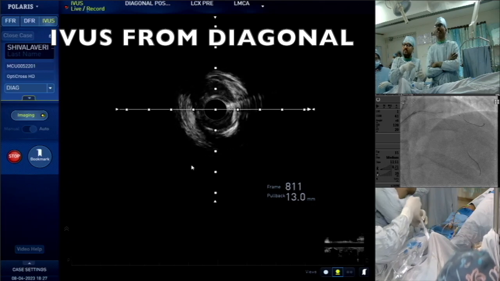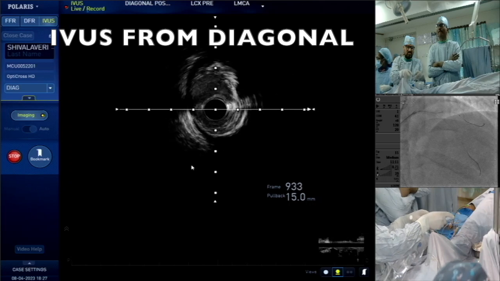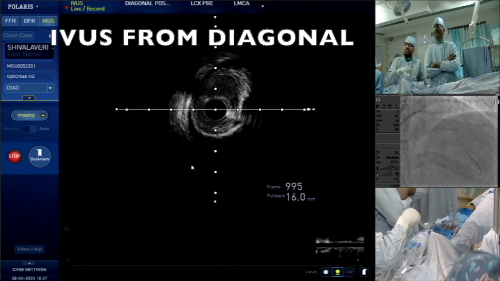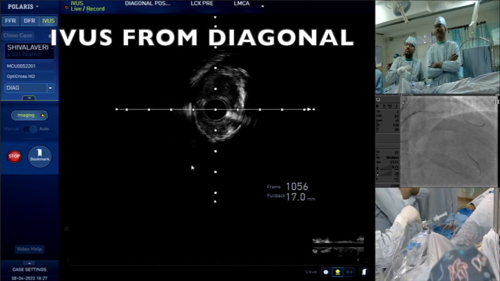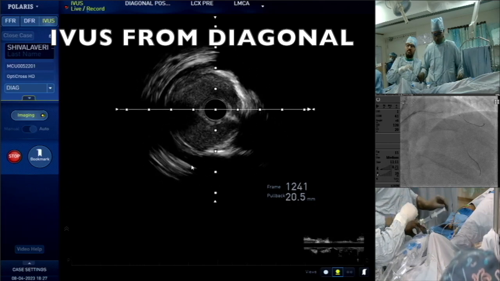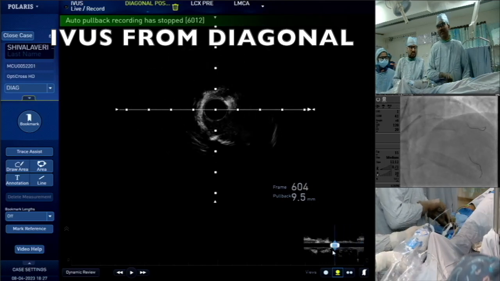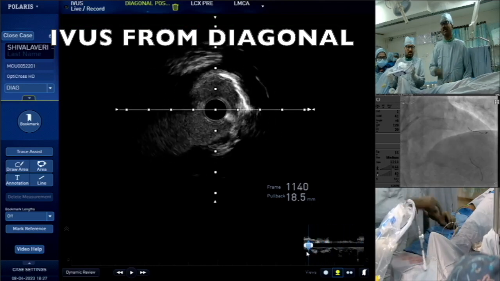Significant calcium is noted, around a 180 degree arc. So we are entering the LAD. Okay, I'll stop. My interest is only the ostial diagonal, so let's evaluate the ostial diagonal.